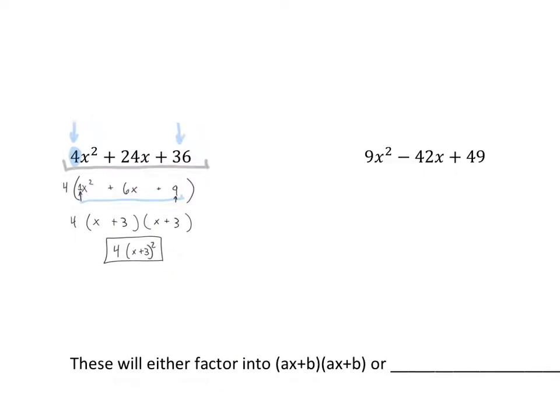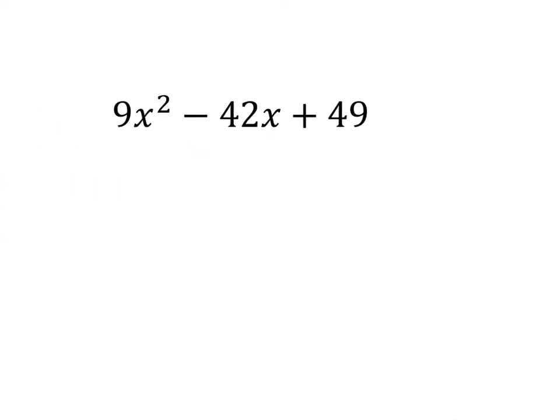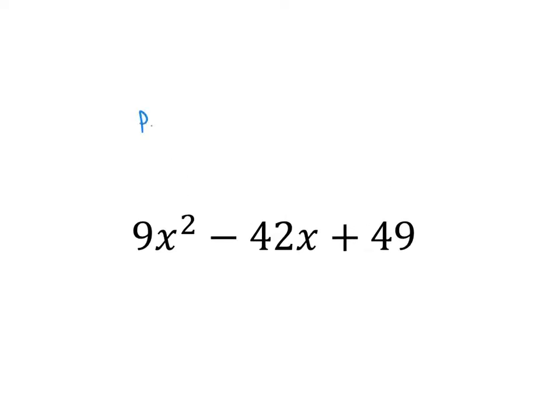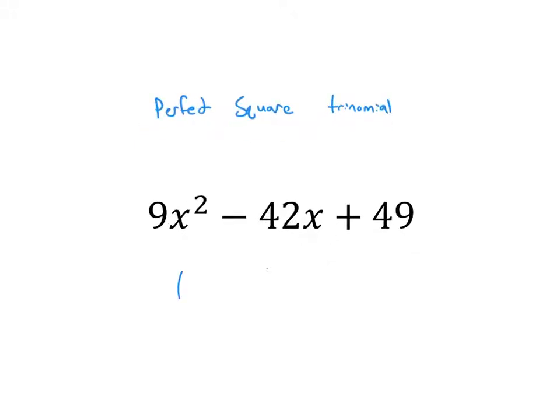Sometimes when you look at these, though, there will not be a GCF. There's not a number that I can divide all of these by. But if I tell you that this is a perfect square, so let's assume I say this is a perfect square trinomial, what that means is we're going to look to factor it using square roots, to where, what's the number multiplied by itself that gives me a 9?